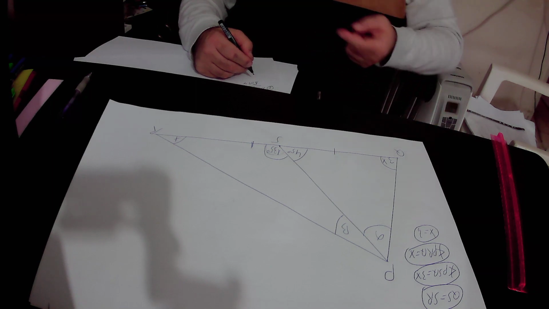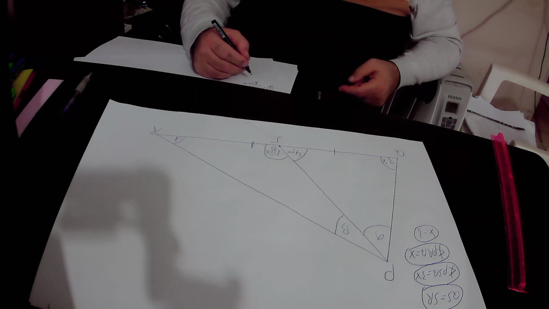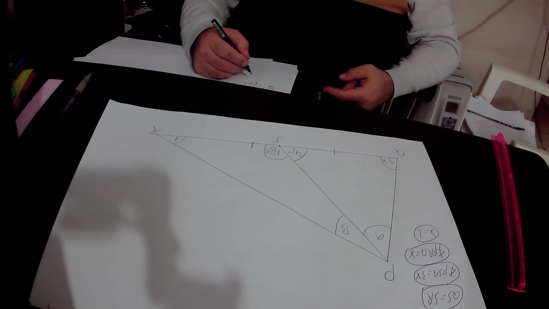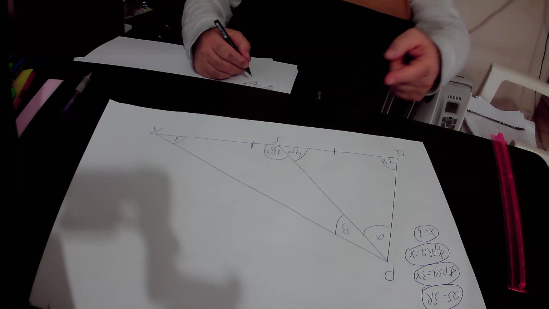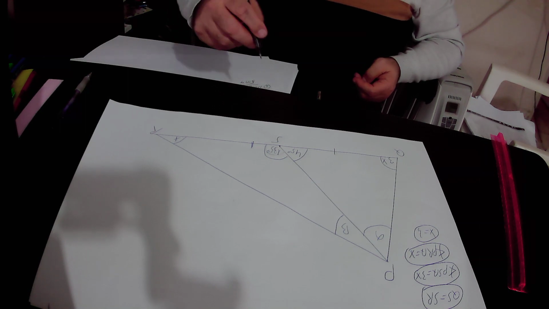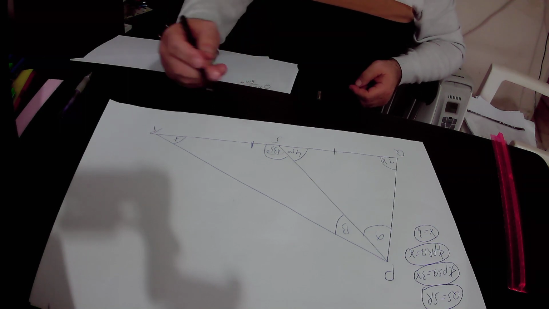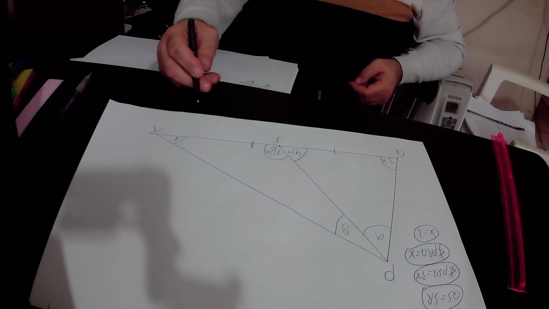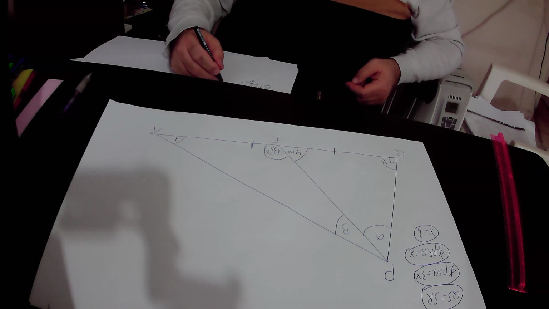The ratio between the side lengths is equal to the ratio of the sines of the opposite angles, and we get that PS over SR, if we focus on triangle PSR, equals sine x over sine beta.